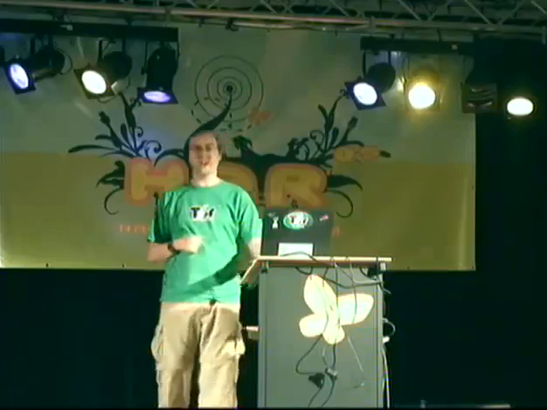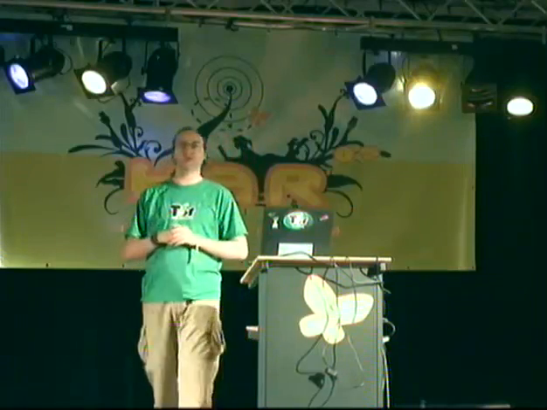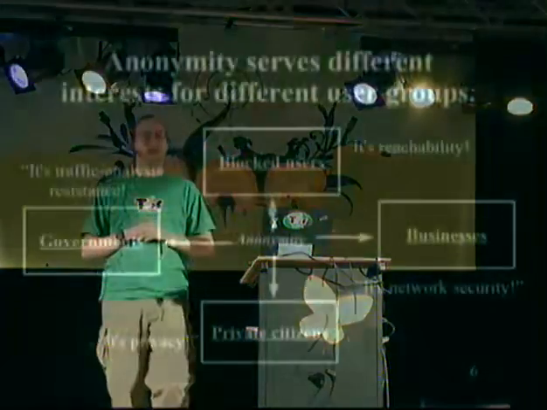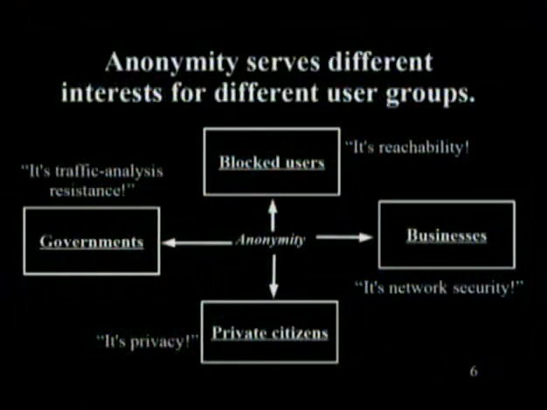And then there's a fourth category that we've been learning about recently, which is the reachability side, the blocked users, people in Iran or China or Thailand, or the list goes on and on these days of different countries that are blocking various pieces of the internet.